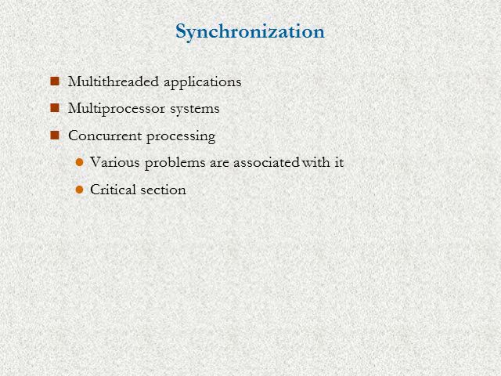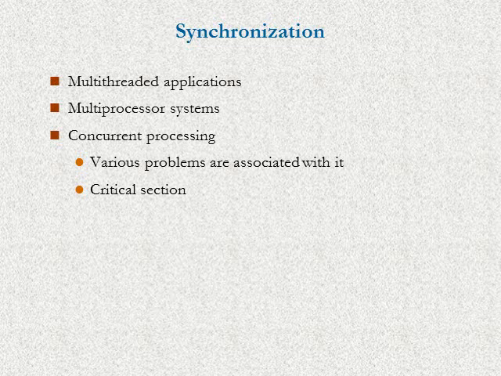If we have multi-threaded applications, we can have multiple threads running on the same code, which can cause quite some synchronization problems, and we'll talk about one of them in just a couple of minutes.